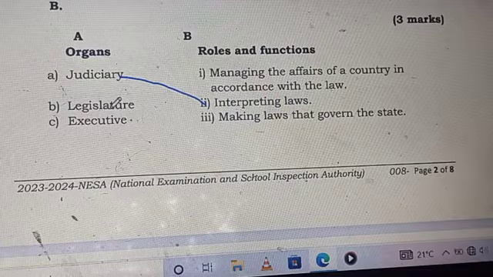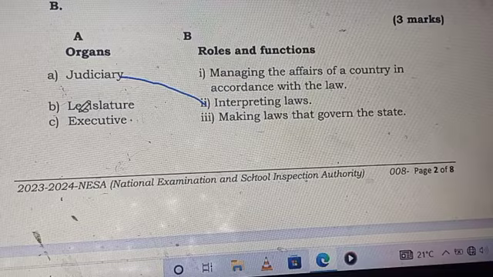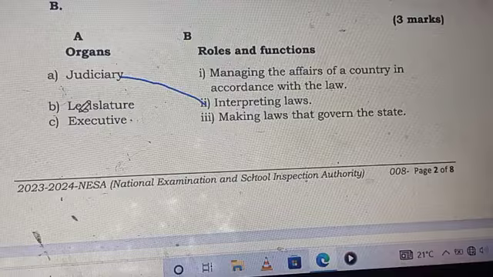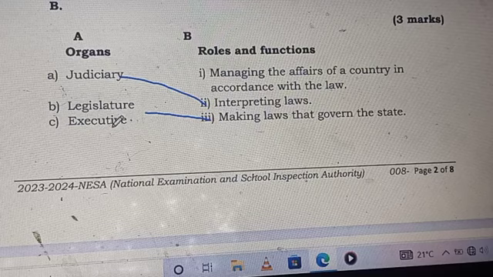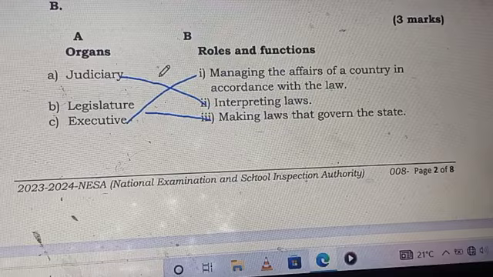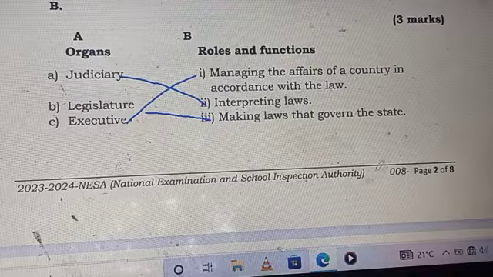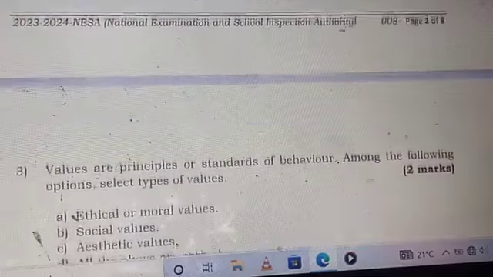B. Legislature, match to 3, making laws that govern the state. The last one, executive, match to the first one, managing the affairs of our country in accordance with the law. Let's continue to the next question.